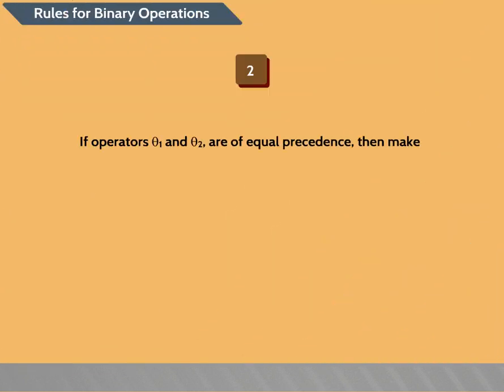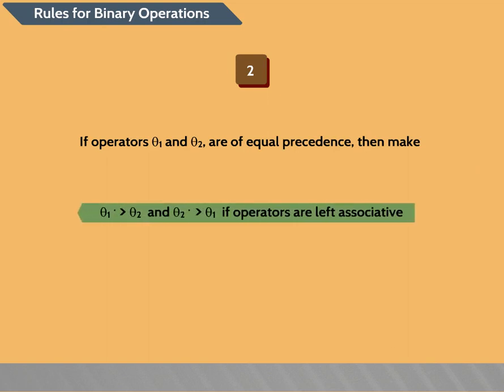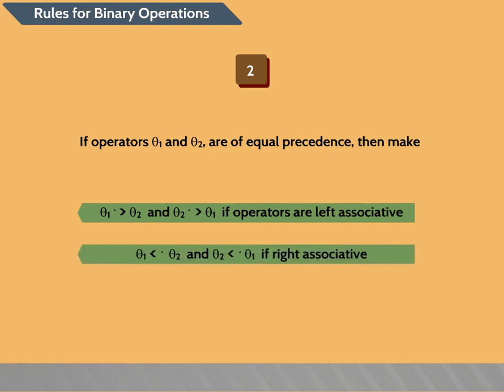If operators theta 1 and theta 2 are of equal precedence, then make theta 1 ⋗ theta 2 and theta 2 ⋗ theta 1 if the operators are left associative, and theta 1 ⋖ theta 2 and theta 2 ⋖ theta 1 if right associative.